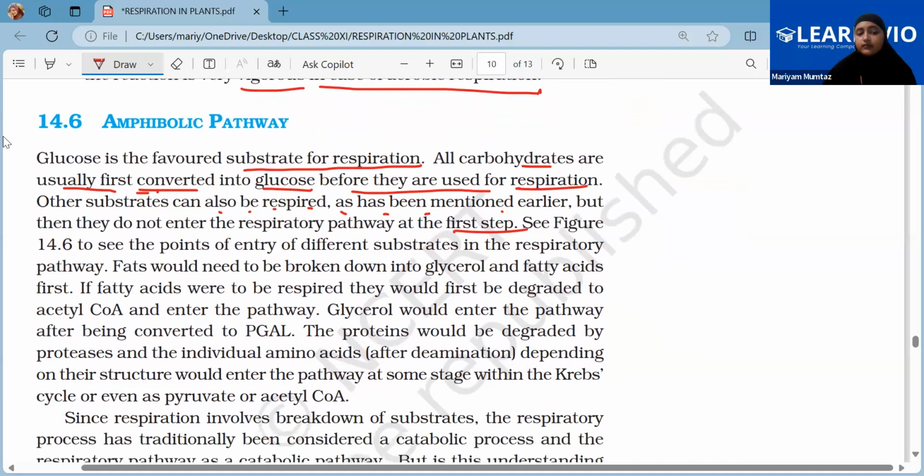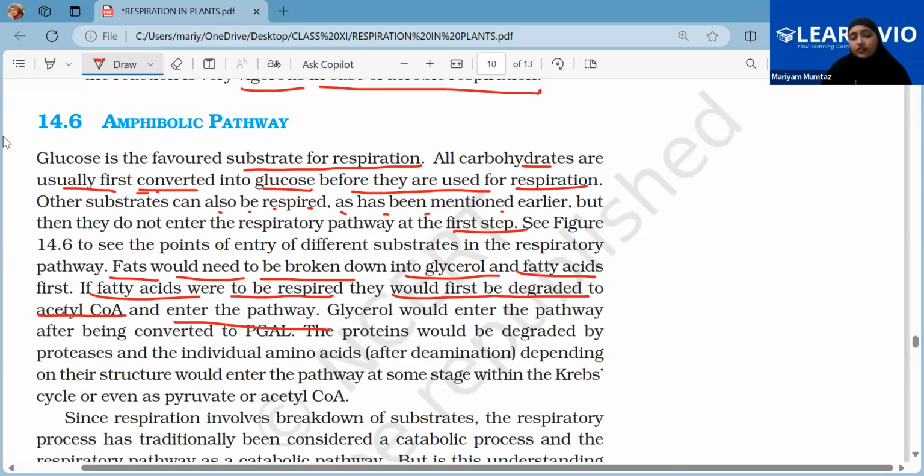Now, the fat molecules would need to be broken down into glycerol and fatty acids. If fatty acids were to be respired, they would first be degraded to acetyl coenzyme A and then enter the pathway. So when fat is broken down into fatty acids and glycerol, the fatty acid part will get converted into acetyl coenzyme A and then the respiratory pathway will happen.